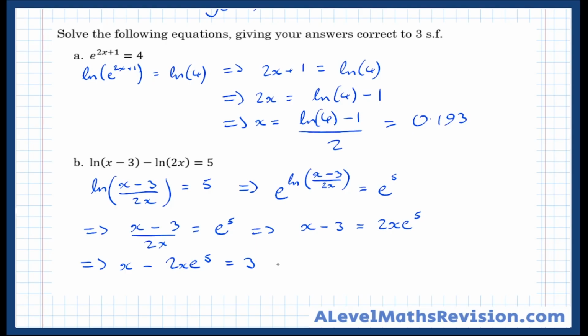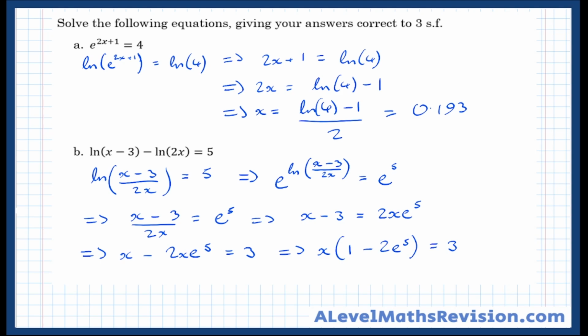Almost there. Taking out the x as a factor, like that, we get something that's very, very close to being solved. And we can see that x is attached to this complicated number, but it is still just a number, so we can divide by it, which means that x equals 3 over 1 minus 2e to the 5.